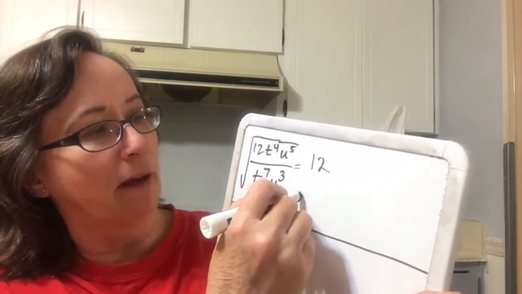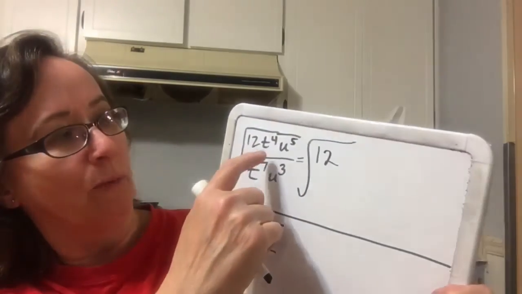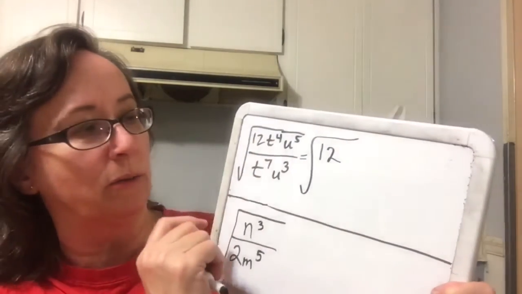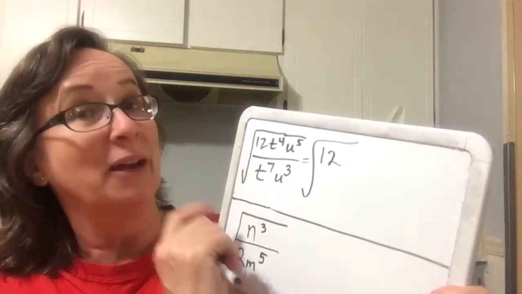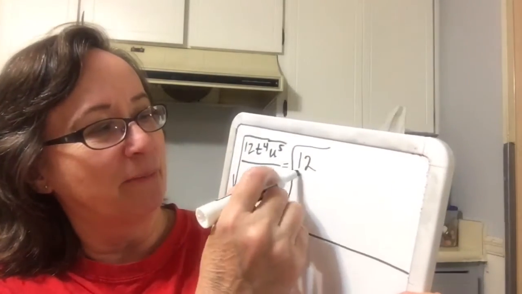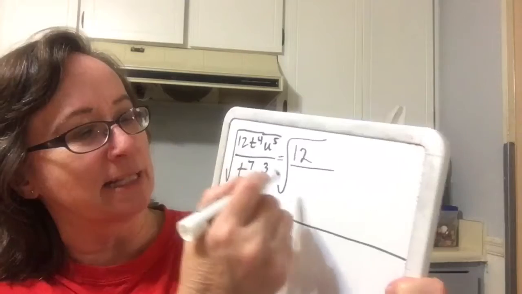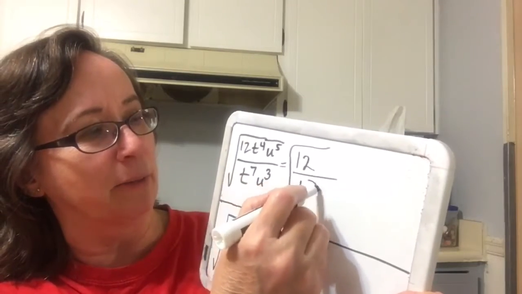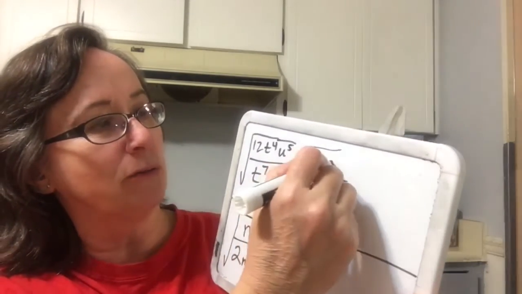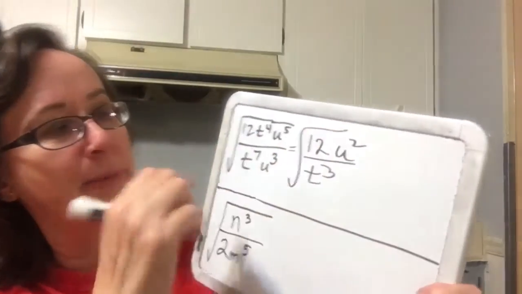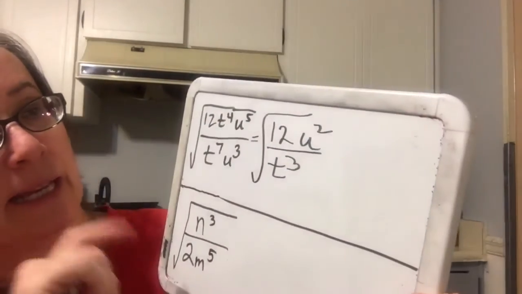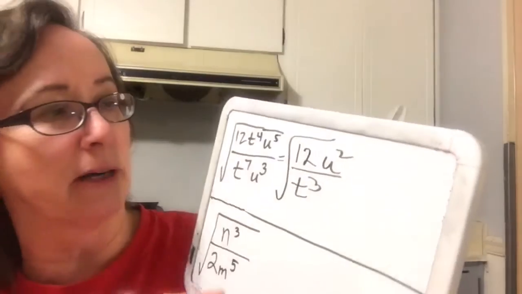We're going to put it all under one big radical. We've got the t to the 4 and the t to the 7 on the top. When I end up simplifying those, canceling those, I get a t cubed on the bottom. And we get a u squared on the top. And now we would split it apart, okay?